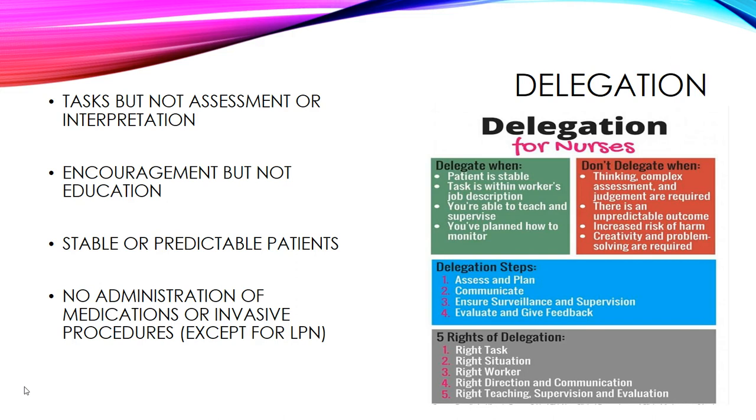In that instance, that patient is considered unstable. They're having some kind of symptom, so you need to assess the cause of that symptom. You're not going to automatically provide an intervention because you don't know what the cause is. It could be a lot of different things. So your interventions are going to be related to you as the nurse going to assess that patient yourself, whether it be checking vital signs or getting a blood sugar or whatever it may be. It needs to be a further assessment by the RN. Anybody who is unstable or unpredictable cannot be delegated.